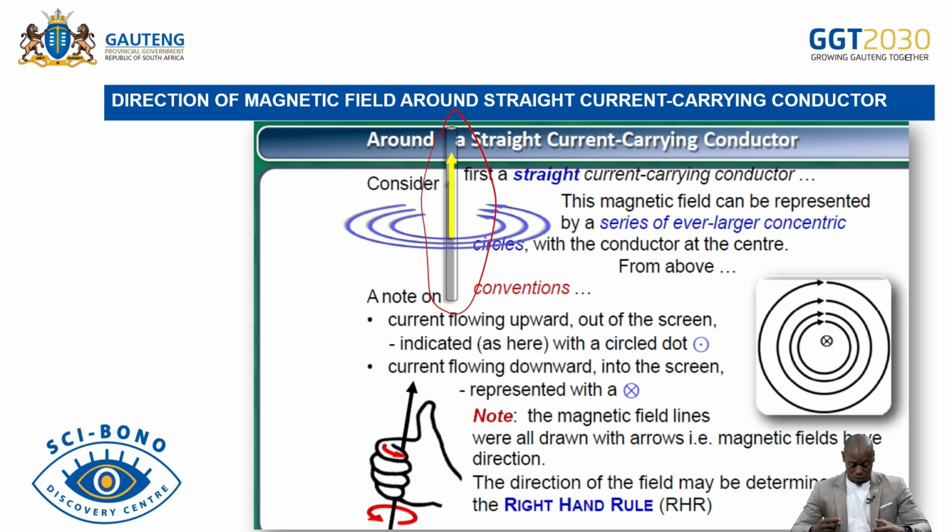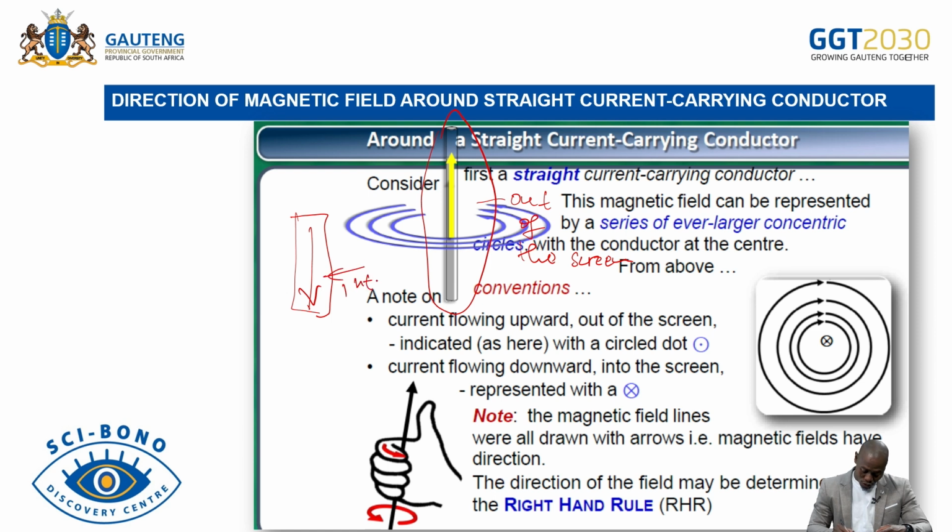Then if I have another conductor, and this is the direction of the current, it means it's into the page, right? So it's into the screen. Here it's out of the screen, and for this one it will be into the screen. That is the direction of the current.